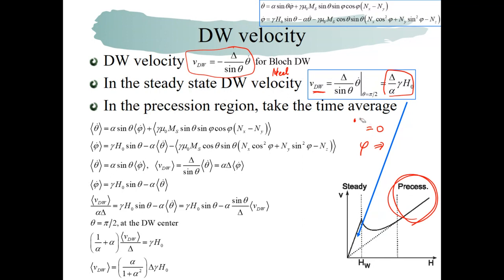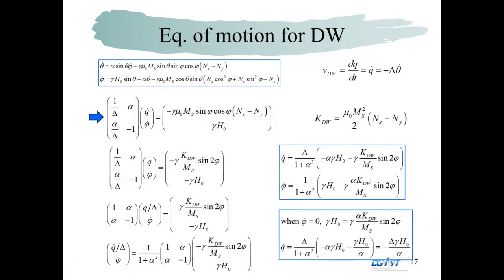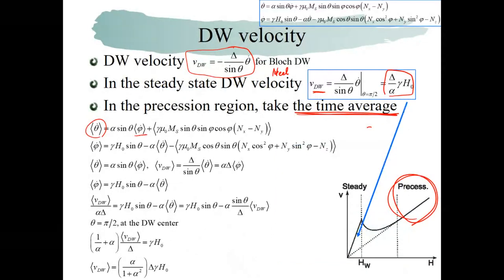So what we have to do is take the time average. So let's take the time average of theta dot. And in this relation, we can take the time average for the phi dot term and this term, and also phi dot and theta dot here.